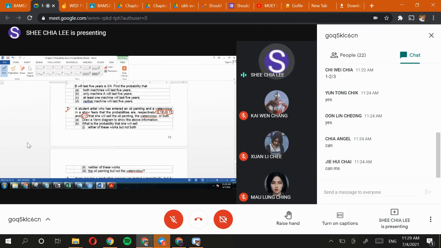So to draw this, the first thing you have to do is define. Let L be the event of selling the oil painting, and W be the event of selling the watercolor. Then using L and W, draw your Venn diagram based on the information that you have, to show the above information.